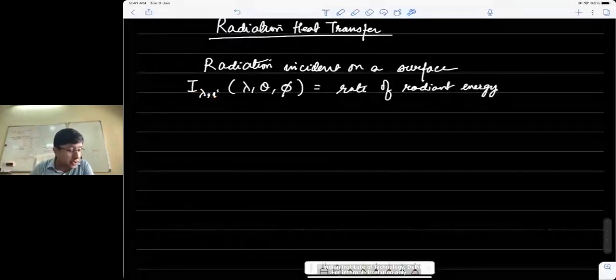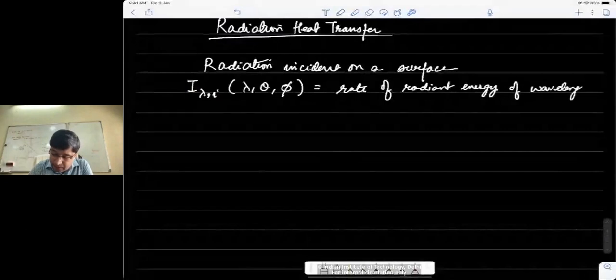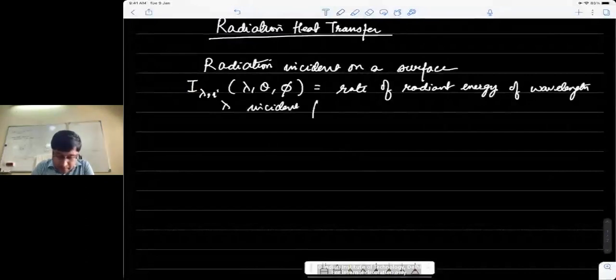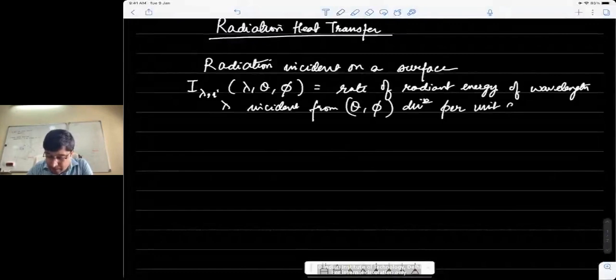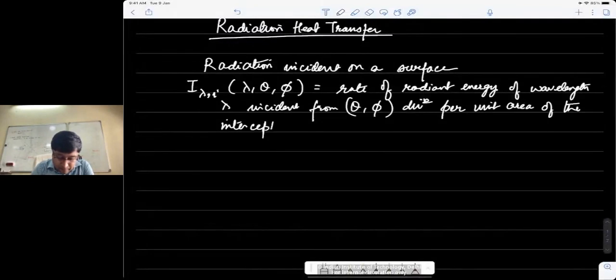So we have rate of radiant energy, which is of wavelength λ, which is incident from the θ, φ direction per unit area of the intercepting surface. So on the surface on which it is falling.